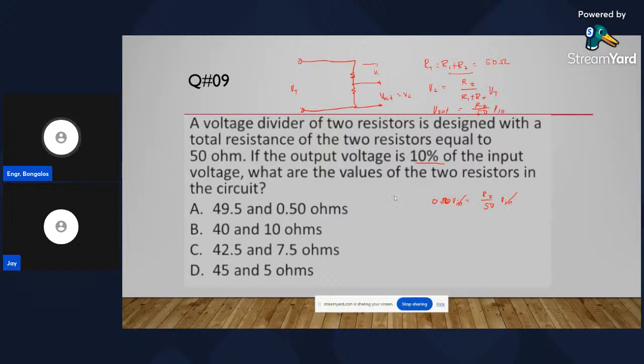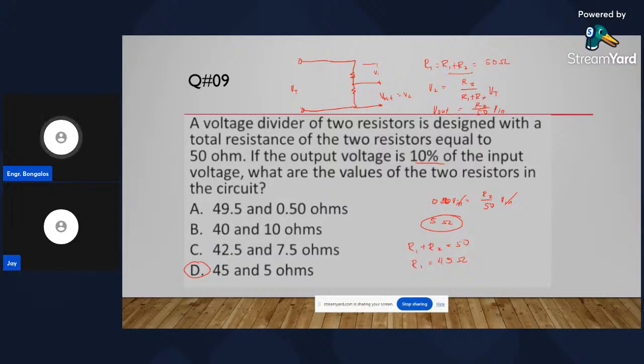So, meron tayong 5 ohms. So, yung isa 5 ohms. Ano na lang kulang? So, yung R1 natin plus R2 is equal to 50. So, kung nakuha natin is R2 is 5, therefore, R1 natin is 45. So, sa case na to, ito yung sagot.